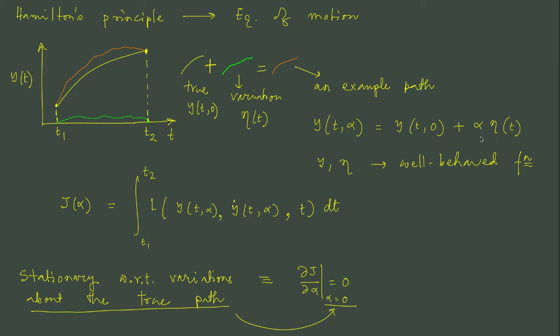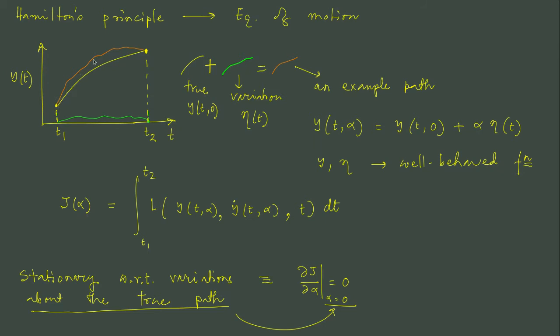So you see this eta is basically the variation in the path. It could be infinitesimal, and alpha is just a single parameter. It's a scalar, and we can set it to 0 to get our actual path, and if we leave it to be non-zero but small, then we get an infinitesimal variation. Okay.